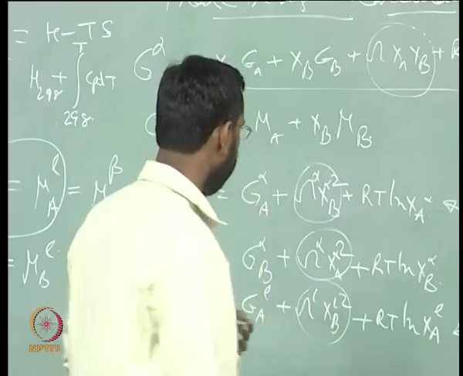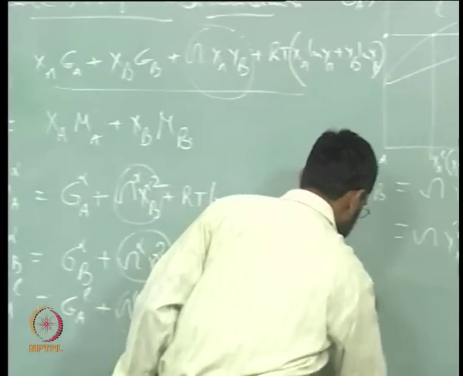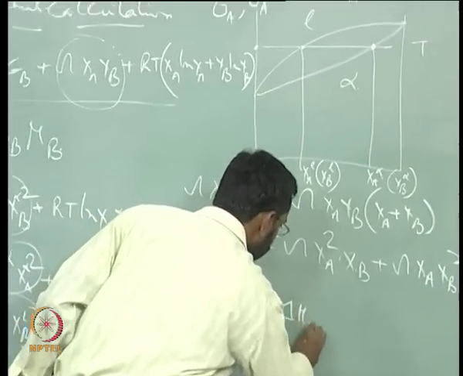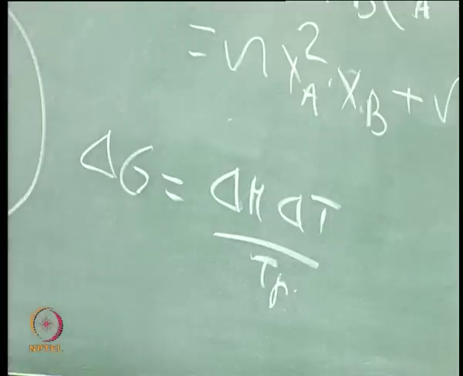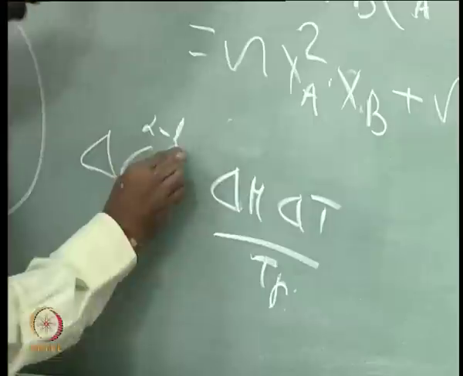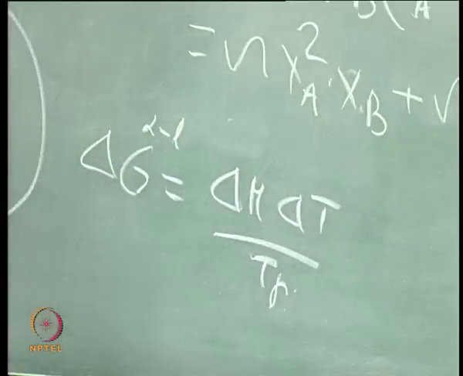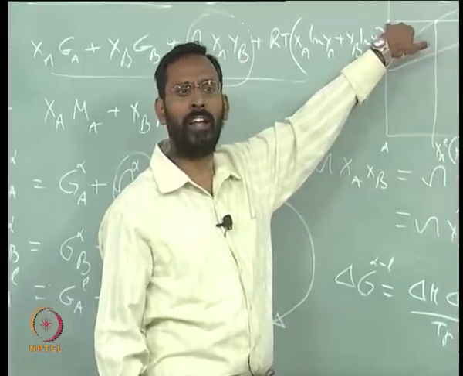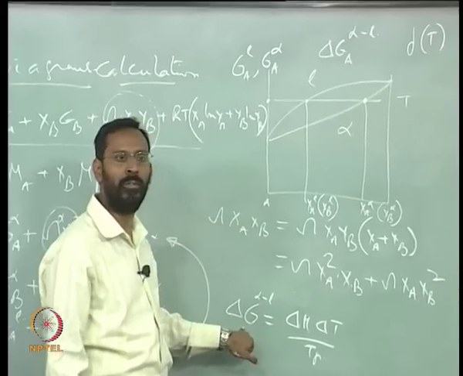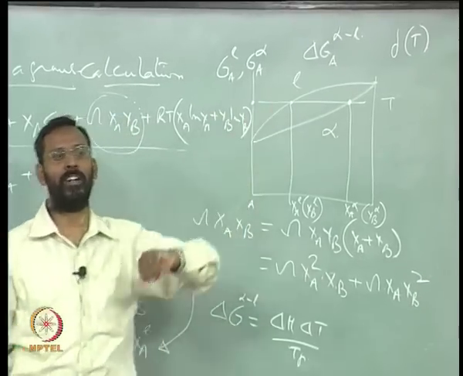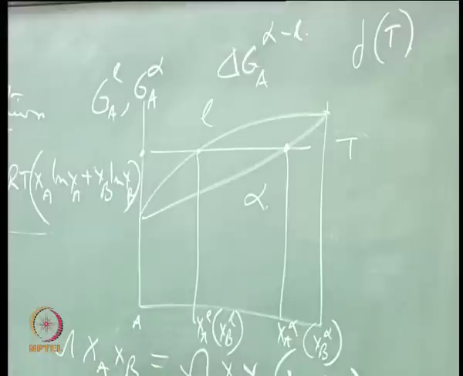We have seen that, where we know that delta G is equal to delta H into delta T by Tf. Am I right? This we know, and if I want to find out the alpha free energy at this temperature, I simply have to calculate the liquid free energy at that temperature, and to that I add this value, then I will find out the alpha free energy at that temperature, which will be higher than that of the liquid.